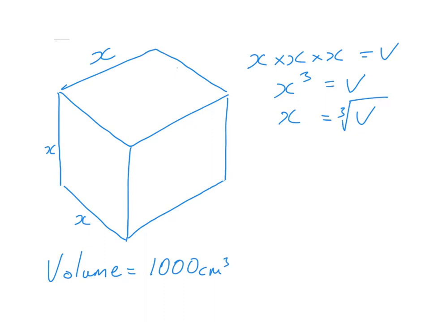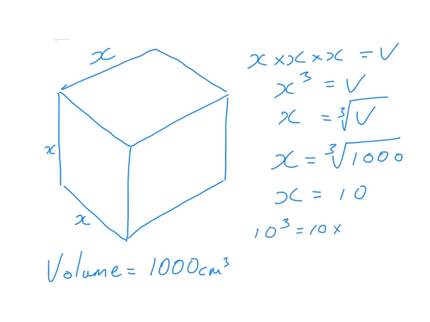Let's substitute in our values now. X equals the cubed root of 1,000. And the cube root of 1,000 is just 10. We can check our answer. 10 cubed equals 10 times 10 times 10.